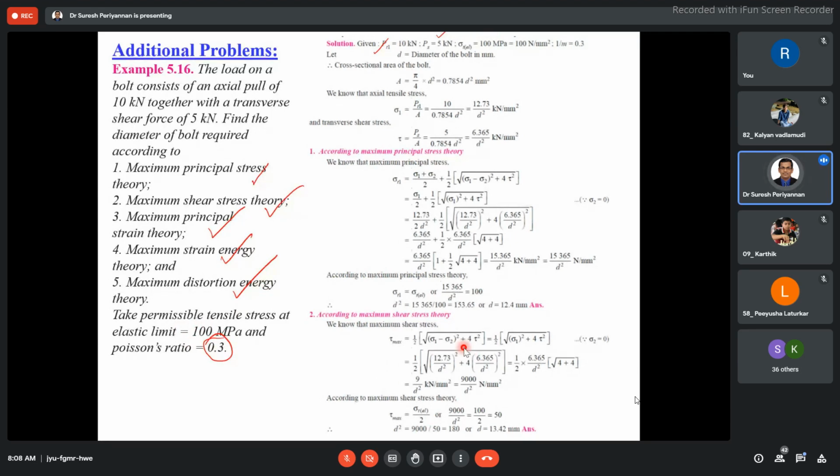Here SYT is the permissible tensile stress, which is directly given.